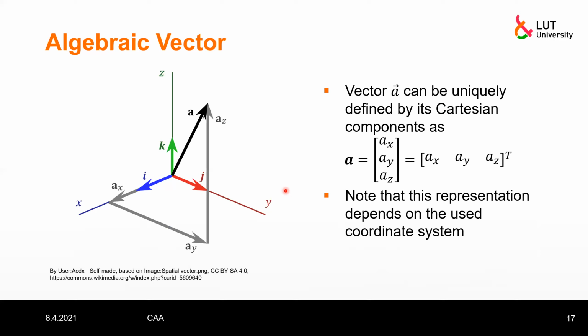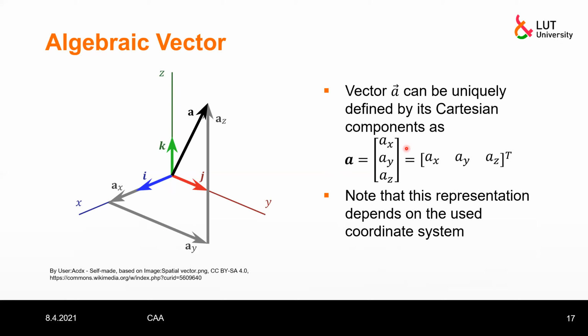It's shown here on the figure. If we have vector A, and this vector is put into the reference frame X, Y, and Z, with unit vectors I, J, and K, we can easily find the coordinates or components of this vector: AX, AY, and AZ.